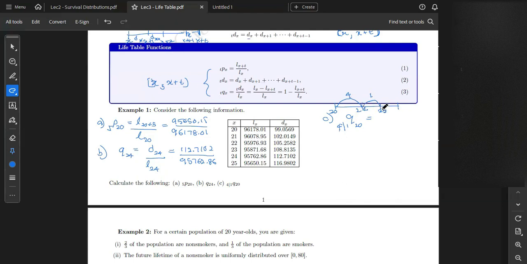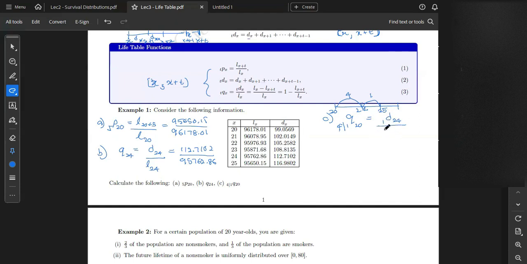So the death occurs between 24 and 25, in that time interval. We need the number of deaths in this interval, that is D24 again, because 24 is included in this interval but 25 is not. So it's the number of deaths beginning from 24 and going one more year. We can put a one here if you want to make sure it's a one year period, but there is no need to.